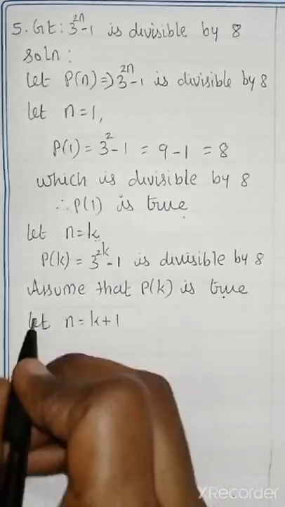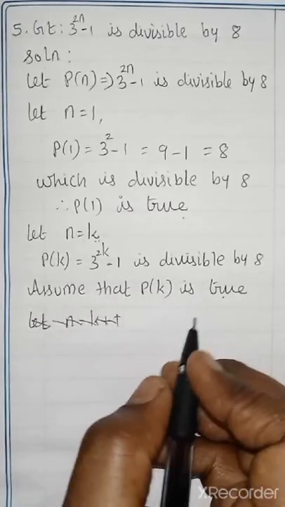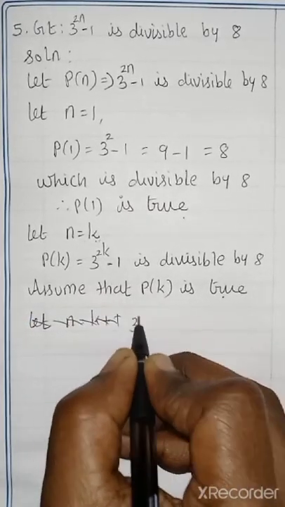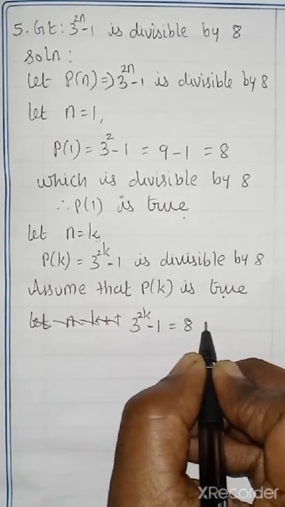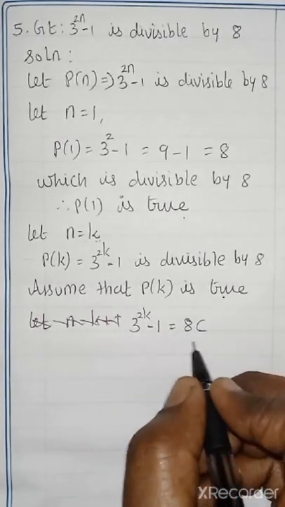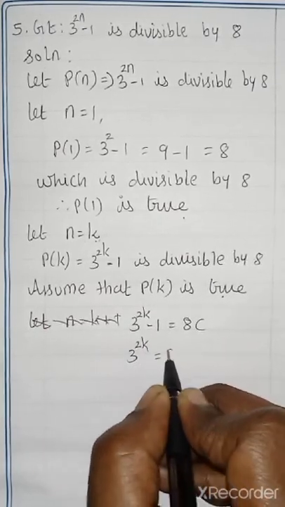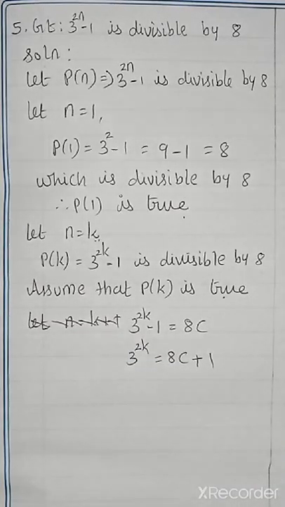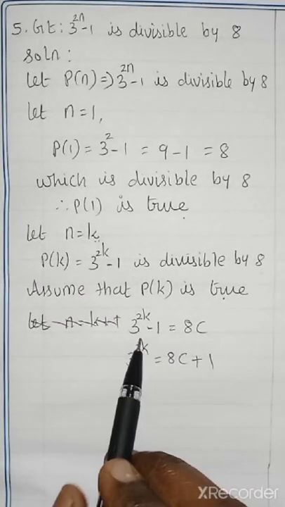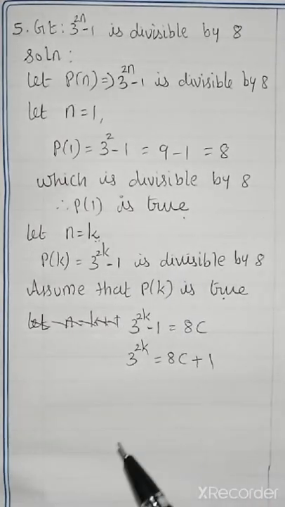Okay, after this, we have to assume that P of k is true. So here what do we take? 3 power 2k minus 1 is divisible by 8, for some constant. How can we write this? 3 power 2k equals 8c plus 1. Why do we take this step? In the previous problem, whatever term we got there, we simplified that term in the third step to get the answer.